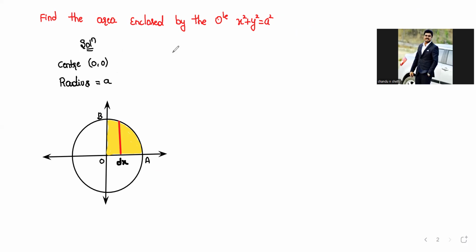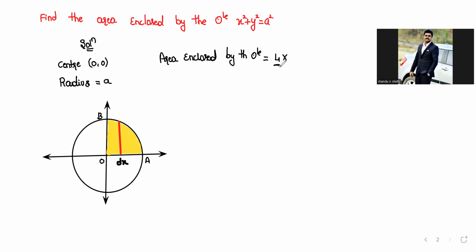Okay, so now all of you should observe. The area enclosed by the circle is equal to 4 into. Why are we taking this 4?